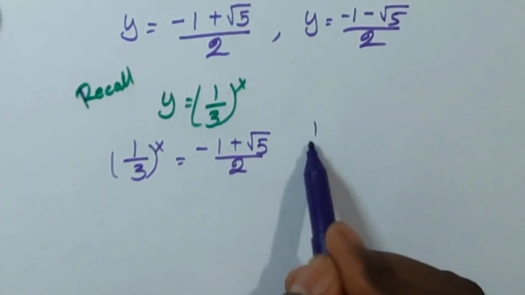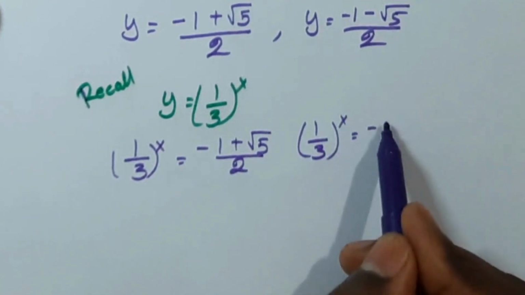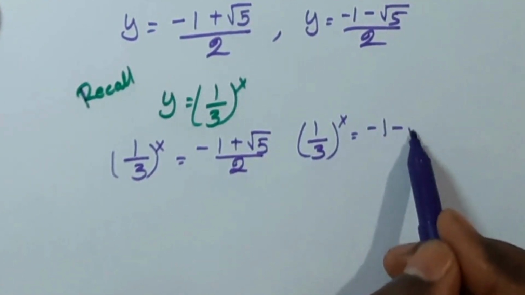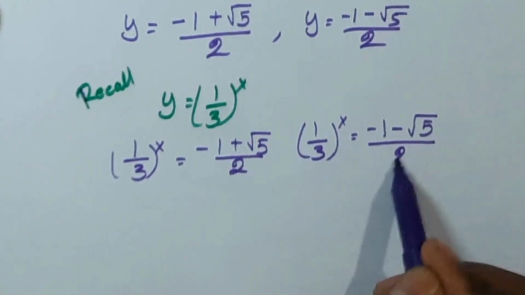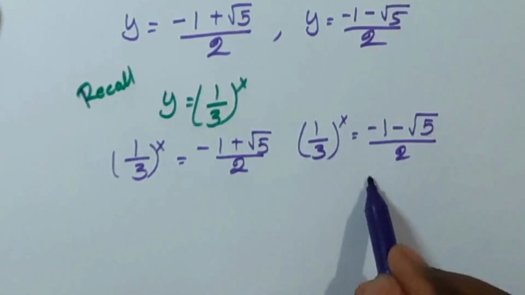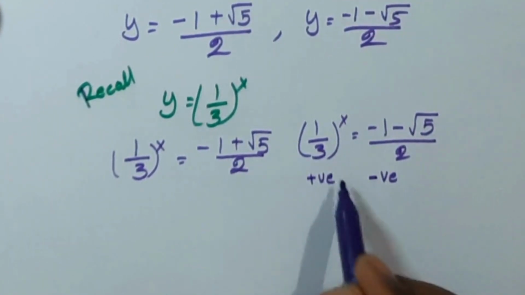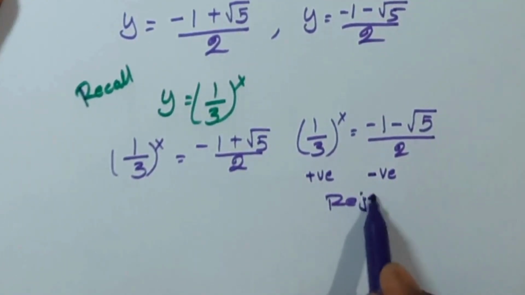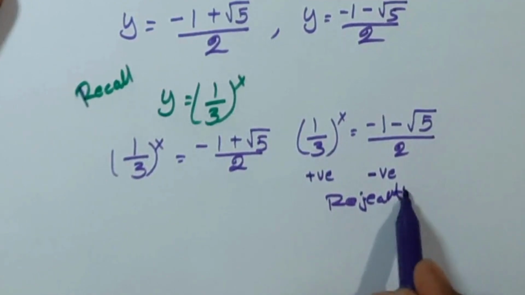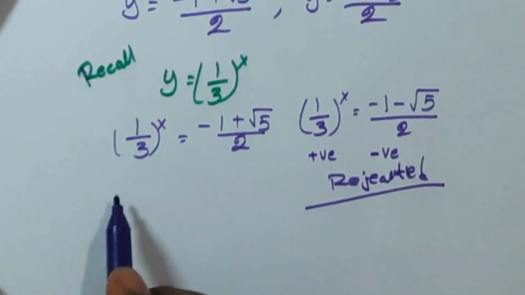This side 1 by 3 whole power x equal to minus 1 minus square root of 5 by 2. This side is negative, this is plus, so we are rejecting this. Rejected.